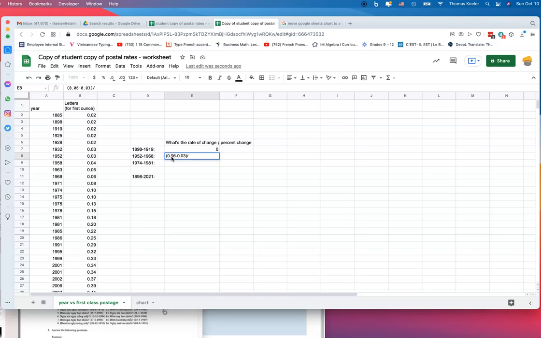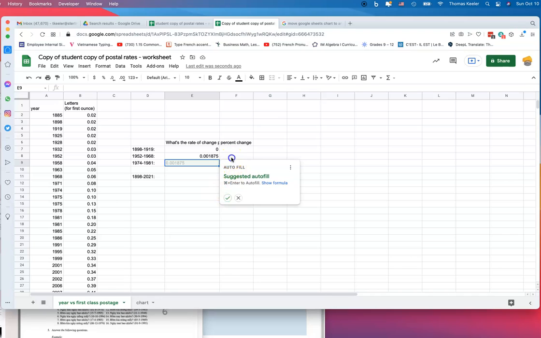And that was from 1968 take away 1952. And that's nice to look at, right? But if I put an equal sign in front of it, then it will actually calculate it. And so we get, how much did it go up per year? So not even a penny a year. Right? So less than a penny a year.